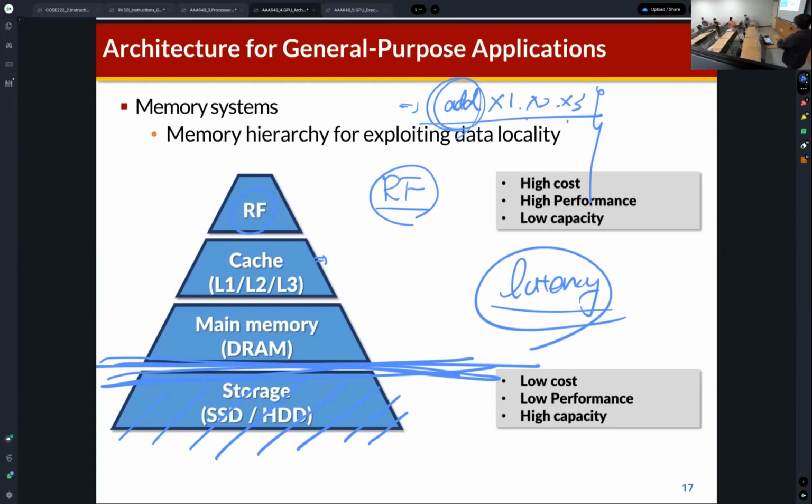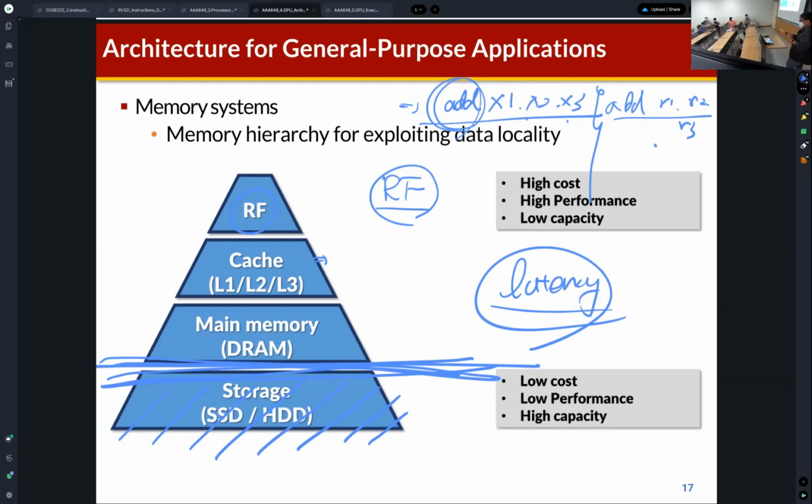GPU instructions have similar forms, like add R1, R2, R3. It's very similar. The GPU ISA, like the NVIDIA PTX ISA, is actually different from the CPU's RISC ISA, but the basic structure of an ISA is the same.